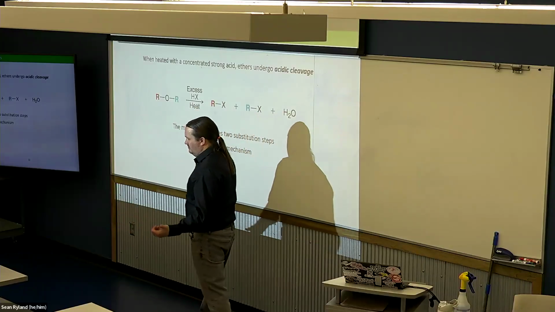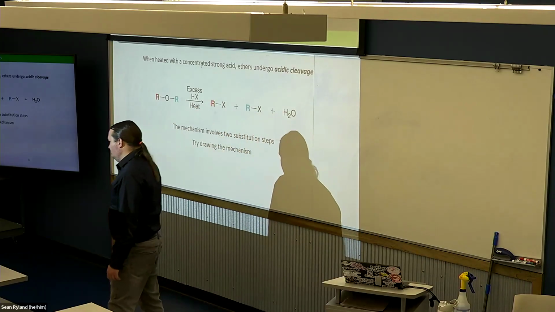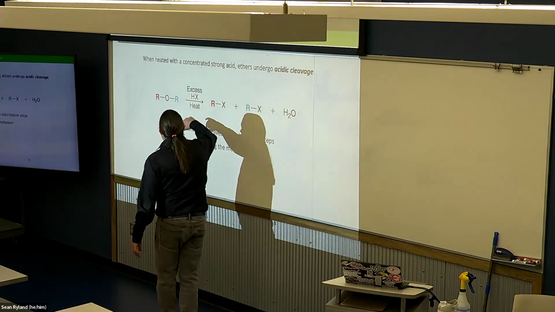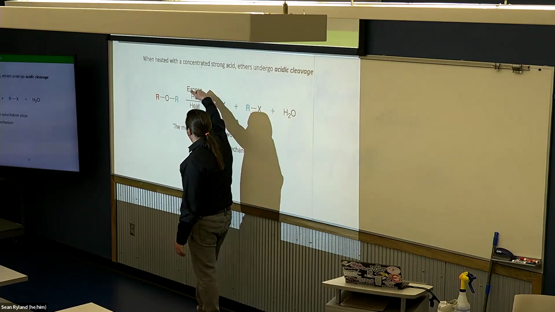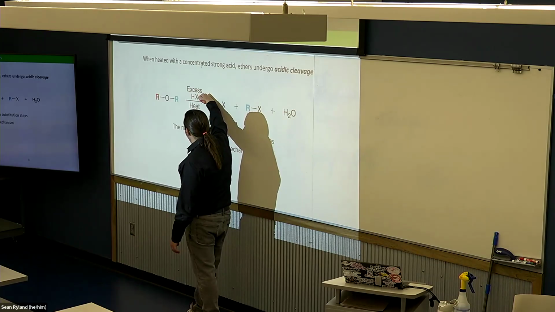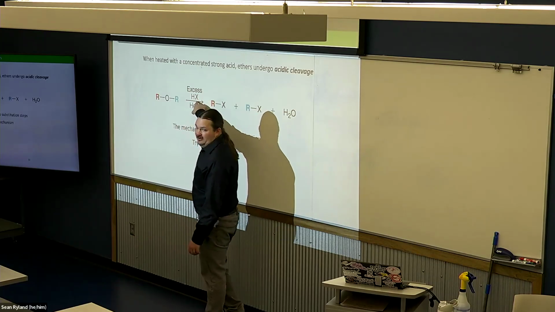It takes it a step further: we have to do this with excess acid, and it has to be hydrobromic or hydrochloric or hydroiodic. So HX is the placeholder for that.